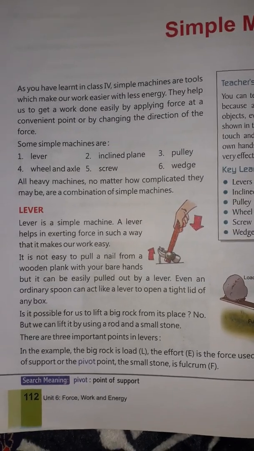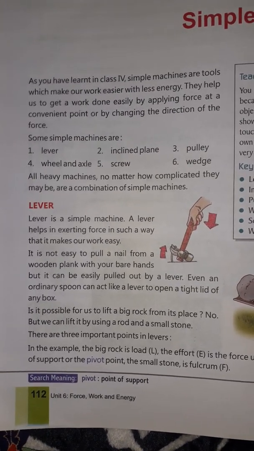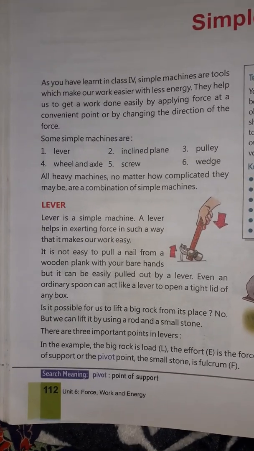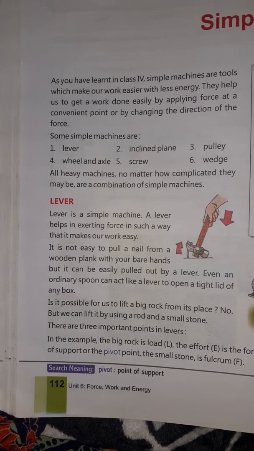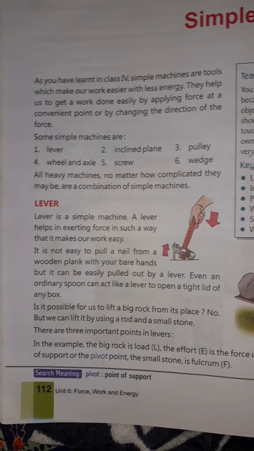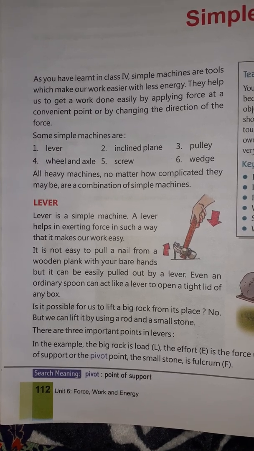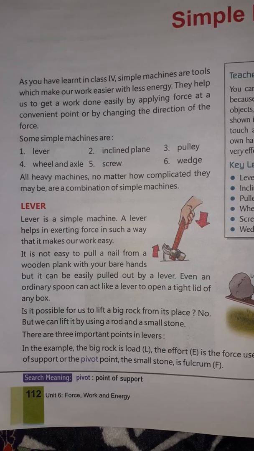If we use a scissor to cut something, the scissor is also a simple machine. If we use a zip to close our jacket, the zip is also a simple machine. Any tool or thing which makes our work easier is known as a simple machine.